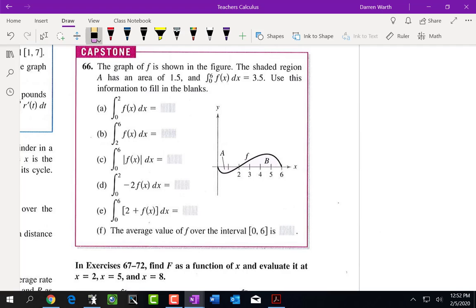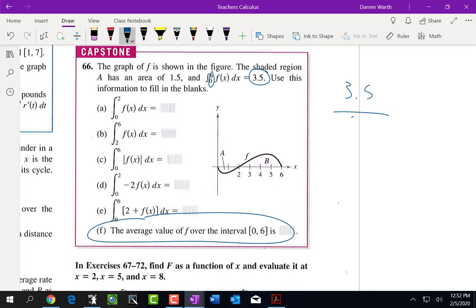On this last one, it wants me to find this average value. So here's my value, which is 3.5. And now I'm going to divide this by 6 minus 0. So I'm going to take 3.5 and divide that by 6.